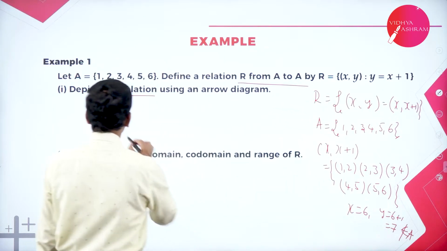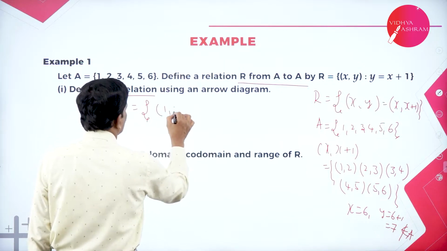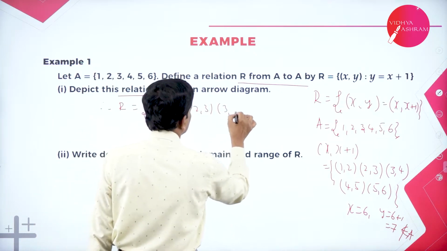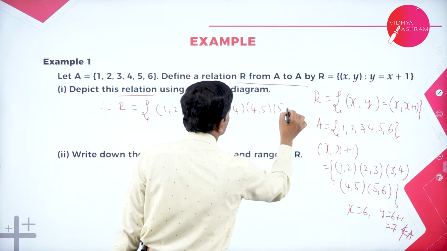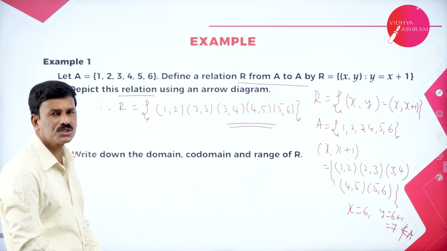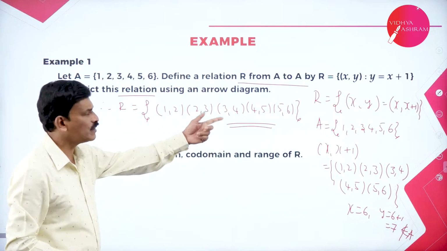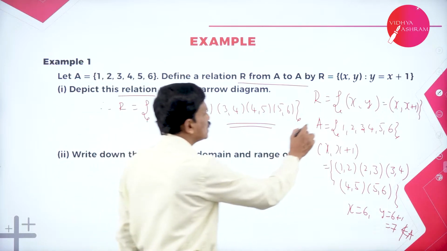So, here the relation R is equal to {(1, 2), (2, 3), (3, 4), (4, 5), (5, 6)}. These are the elements of the set R. This is the relation for this given condition.